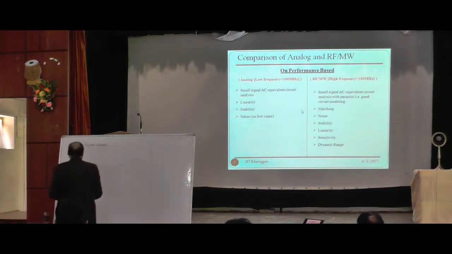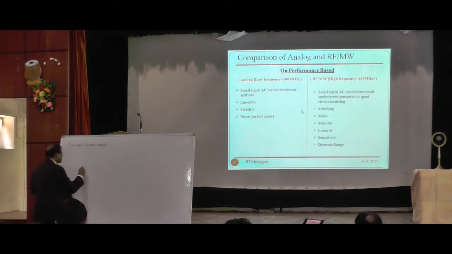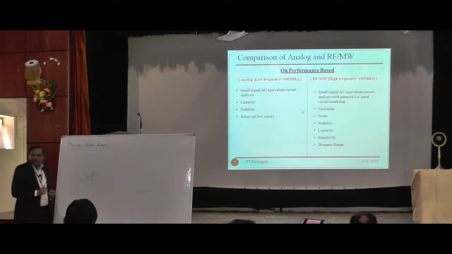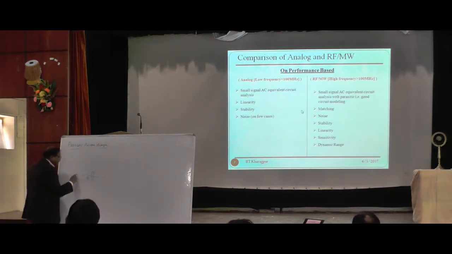Suppose this is the noise floor. If the signal is below that, you cannot detect it. But if you have a signal here, you can detect the signal. So the noise is that.